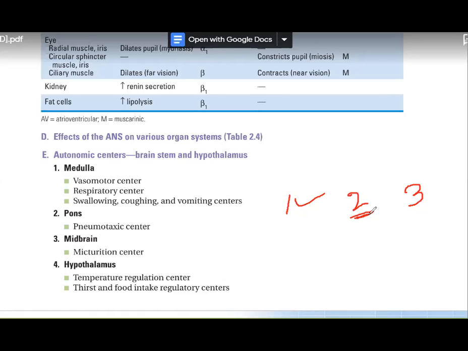So maybe on Saturday or Sunday, we will have one class for general pathology, so that we may cover general pathology before starting systemic pathology. Once we finish this neurophysiology, the next topic will not be of physiology. The next topic will be of pathology and neuropathology, okay?